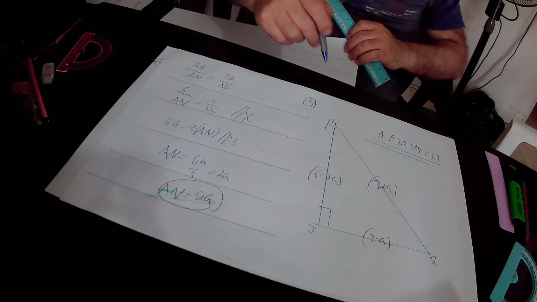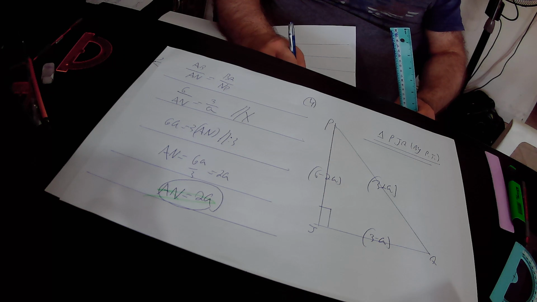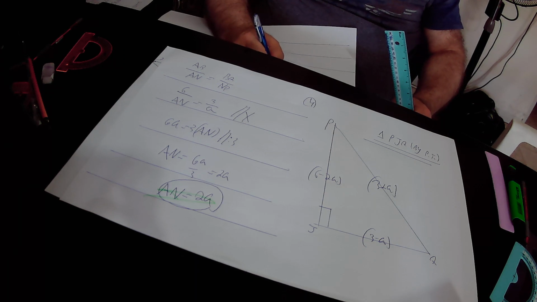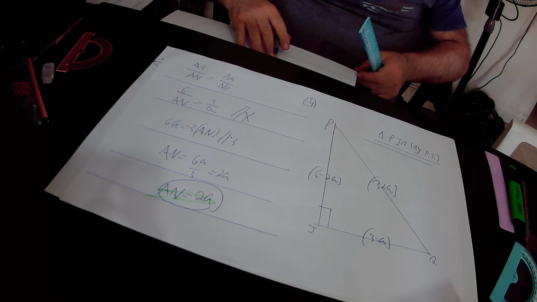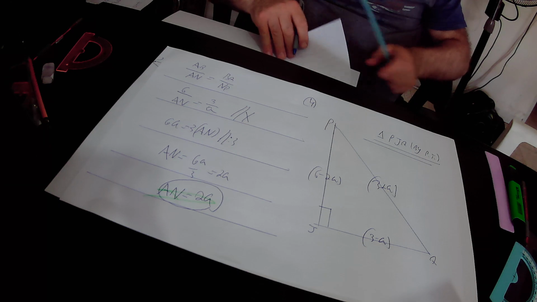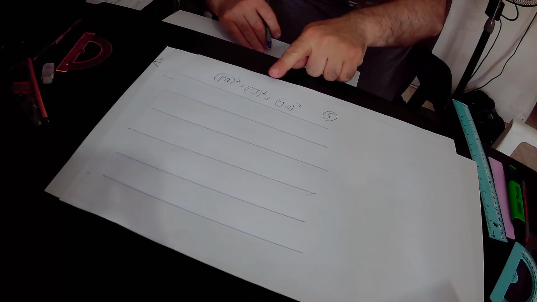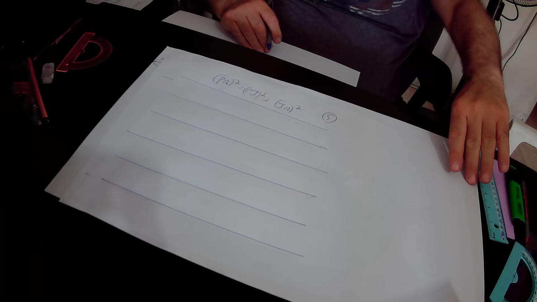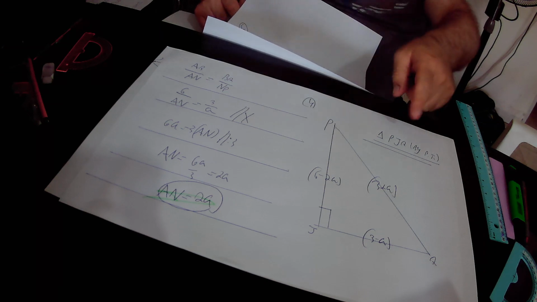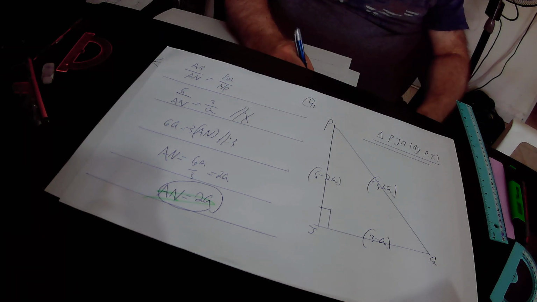And it must be equal to PJ squared plus JQ squared. Again, according to the Pythagoras theorem in the right triangle PJQ, PQ squared equals PJ squared plus JQ squared. PQ is 3 plus A, therefore PQ squared is (3 plus A) squared.